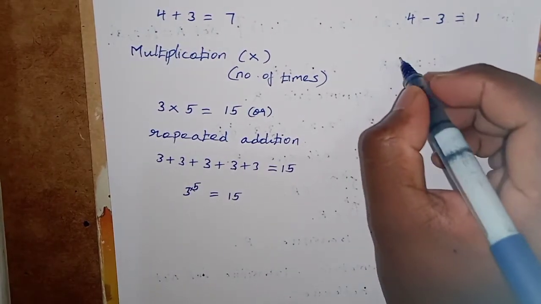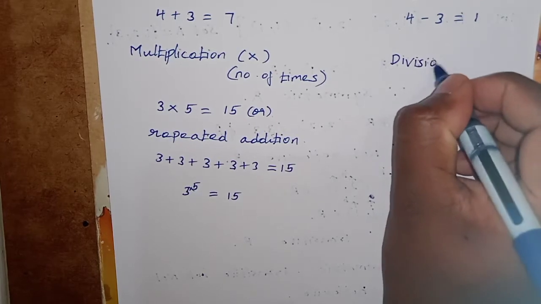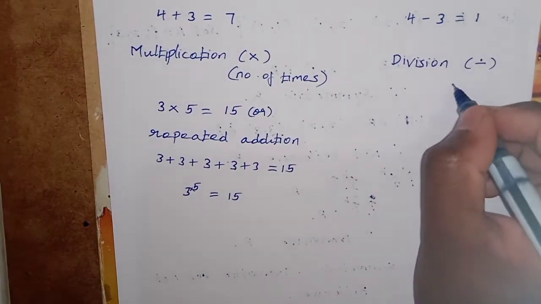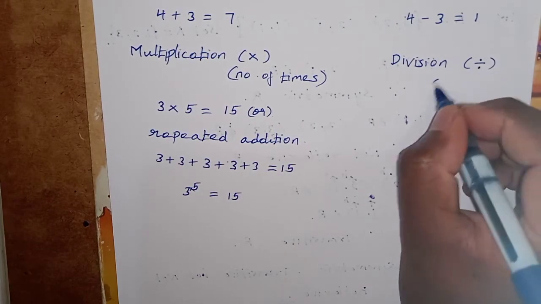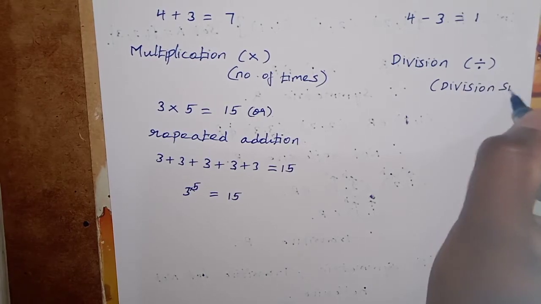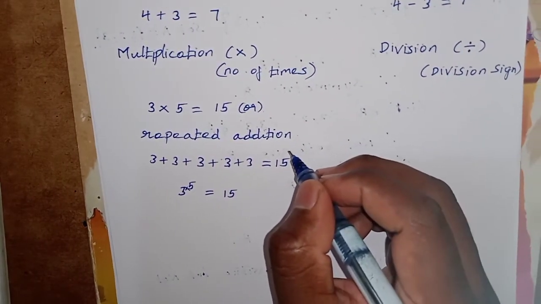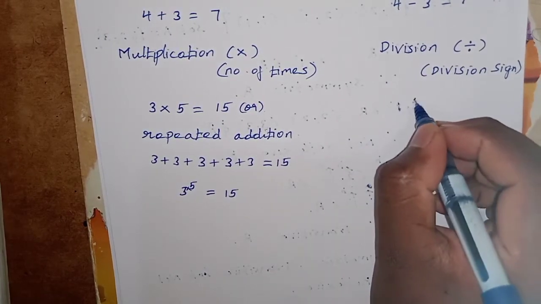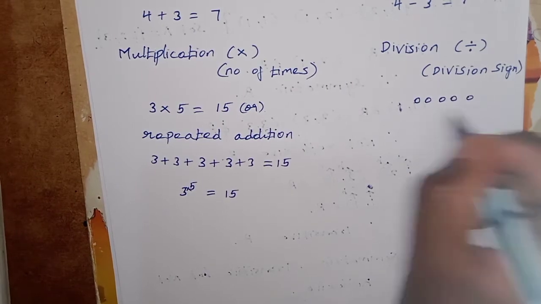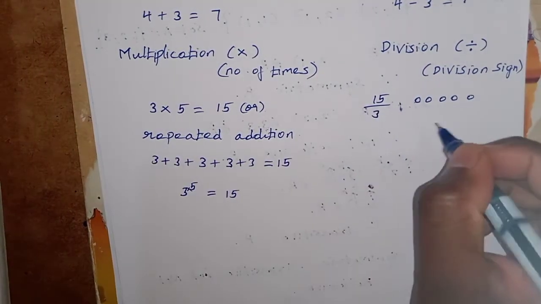Next, division. Divide symbol. Here the division sign. Here totally 15 divided by 3.